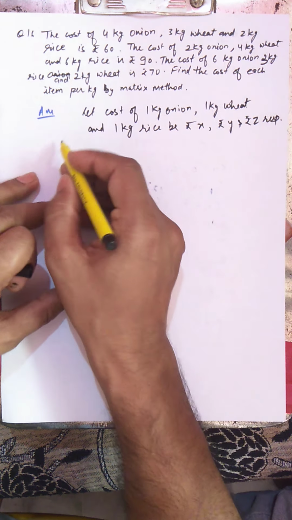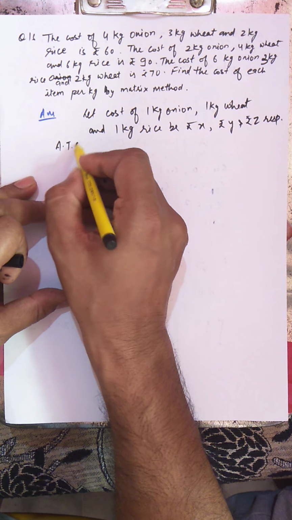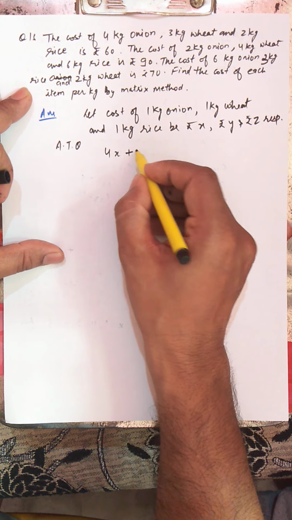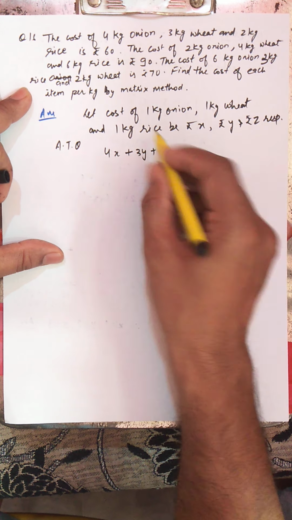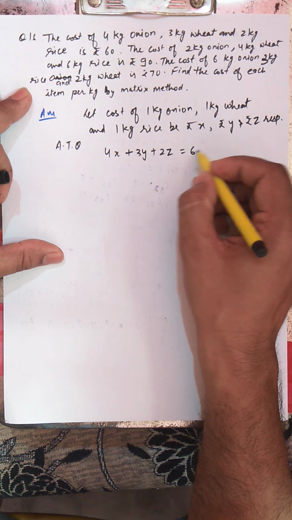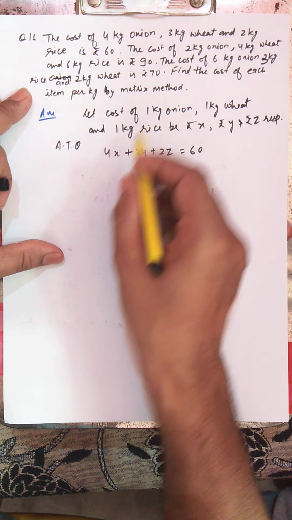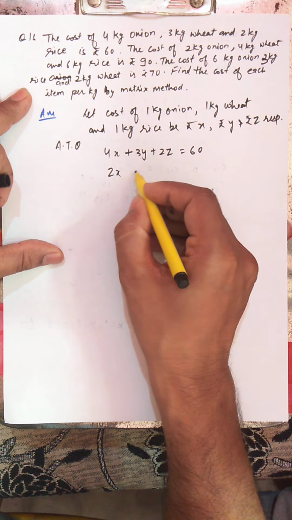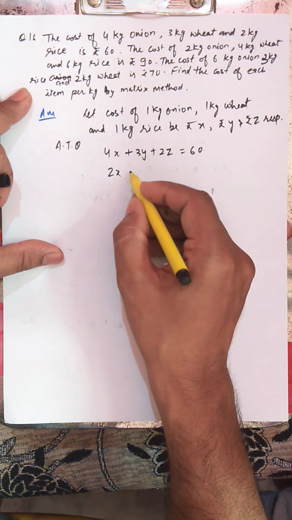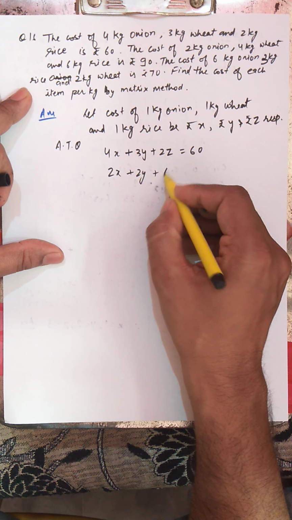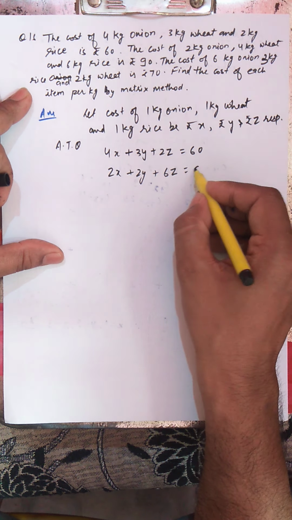According to the question, the first equation will be: 4 kg onion means 4x, 3y, and 2 kg rice means 2z, equals 60. So this is your first equation. Second one, 2 kg onion is again 2x, 4 kg wheat was the second number, so this is 4y, and 6 kg of rice is 6z, equals 90.